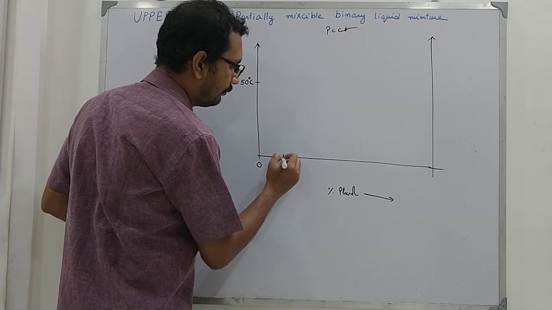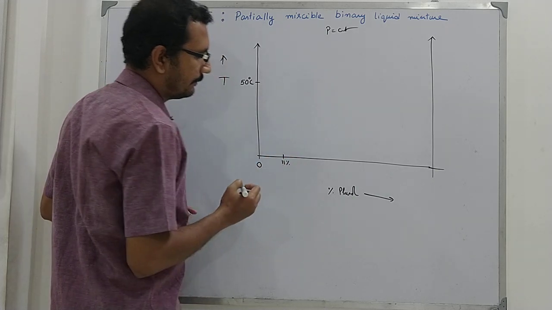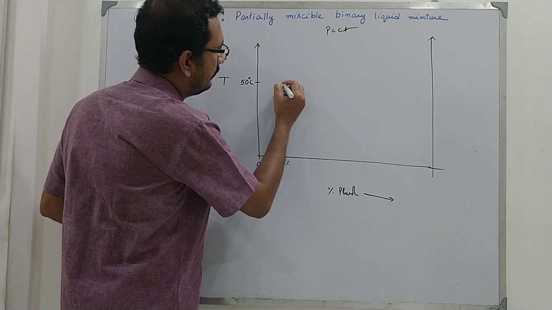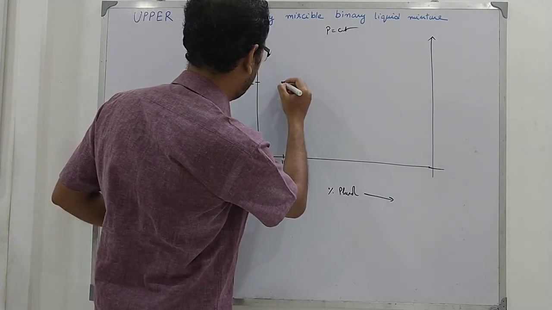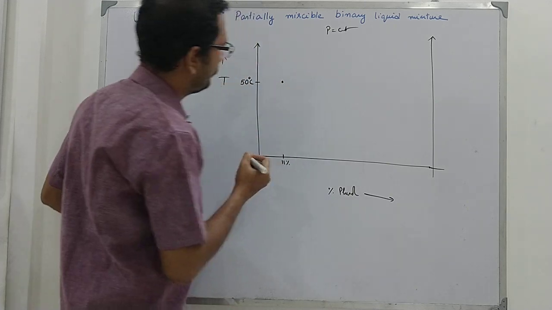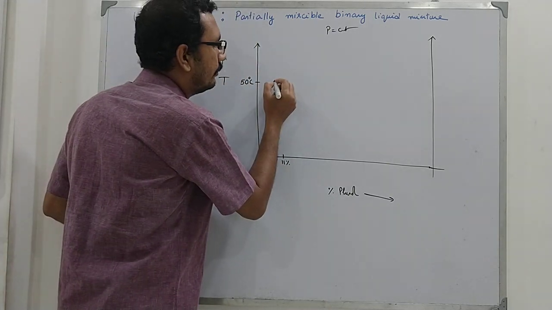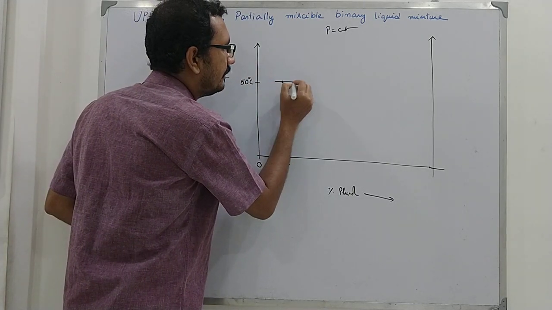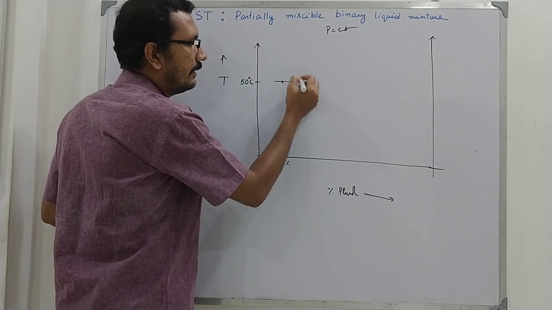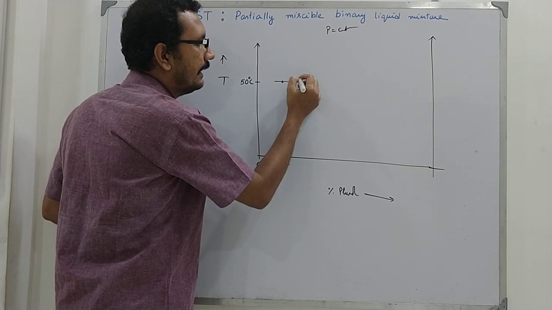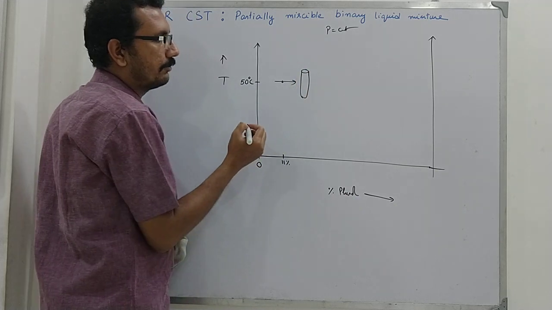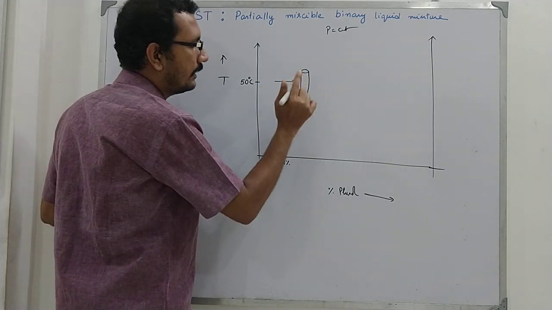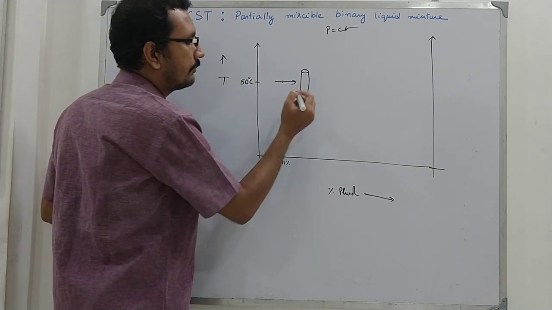Now when it comes to 11%, at 50 degree centigrade and 11%, it will correspond to this point here. Now if we go beyond this point, that is here, we will get two conjugate solutions.